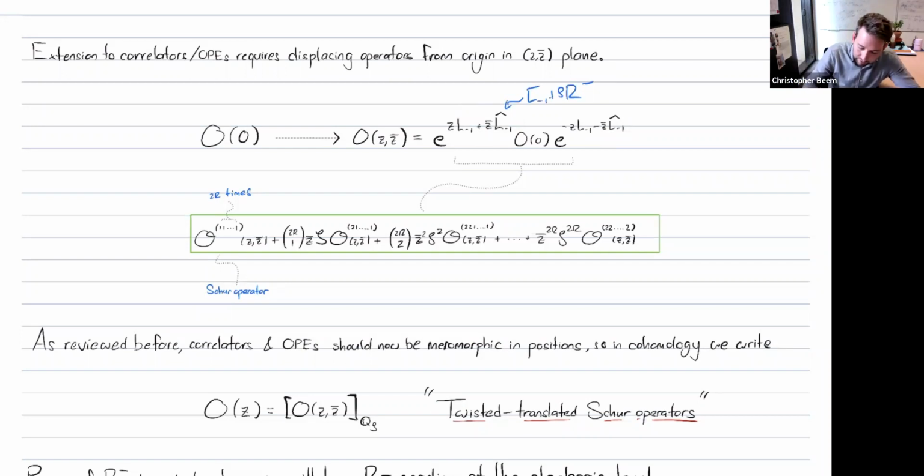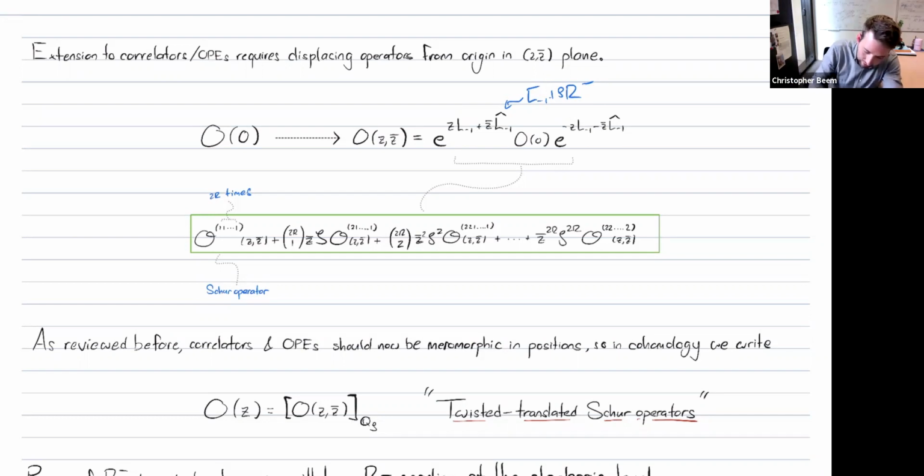In practice, this extra exponentiated z-bar zeta R minus acts locally nilpotently. It acts nilpotently on any given operator in a definite SU(2)_R representation. So when I expand this exponential, I'm only going to get finitely many terms having to do with this extra term.